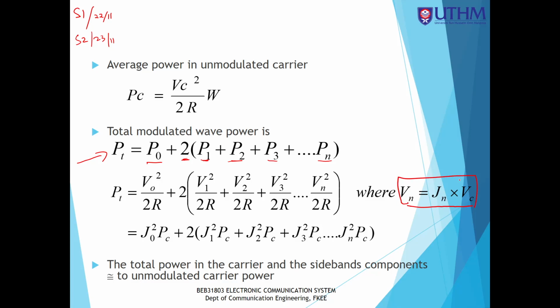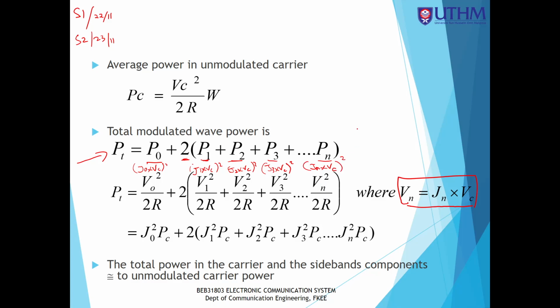That means this is J0 multiplied with Vc, J1 square multiplied with Vc square, this is J2 multiplied with Vc square, this is J3 multiplied with Vc square, this is Jn multiplied with Vc square.